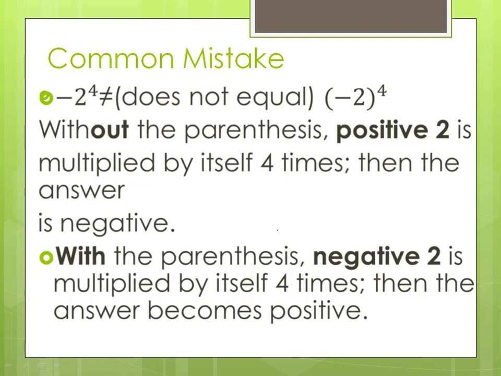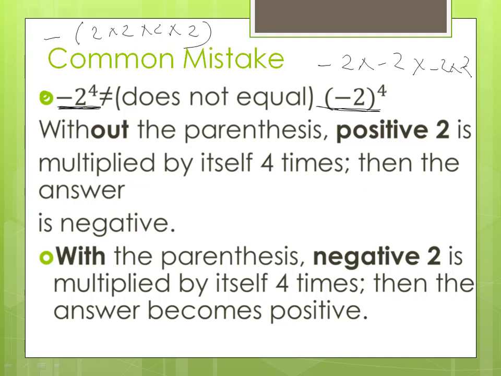The first one here means what? The first one means the negative is outside, and we make 2 times 2 times 2 times 2, 4 times, and the negative sign is outside. But in the second case, negative 2 inside the brackets is all to the power 4. So we say negative 2 times negative 2 times negative 2 times negative 2.